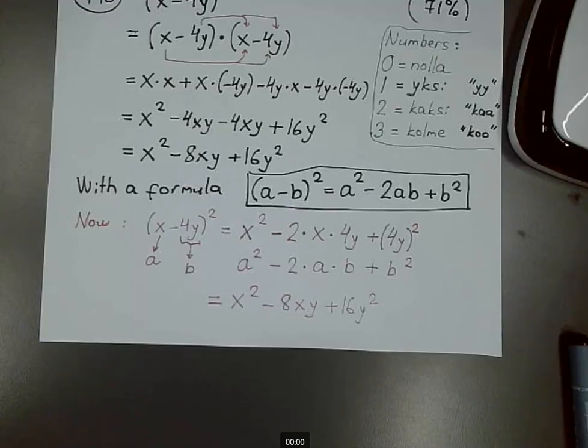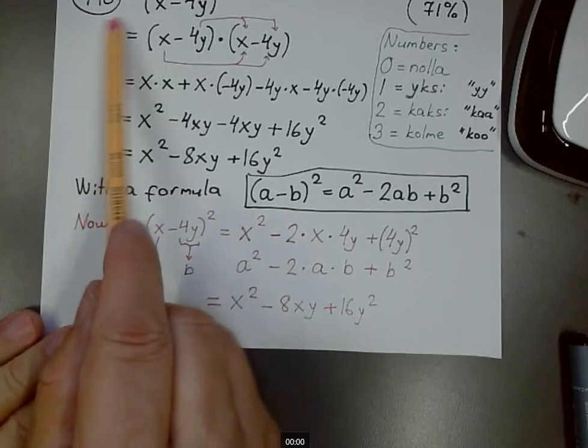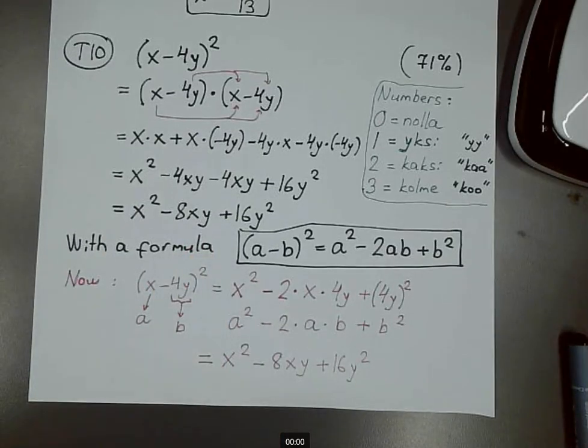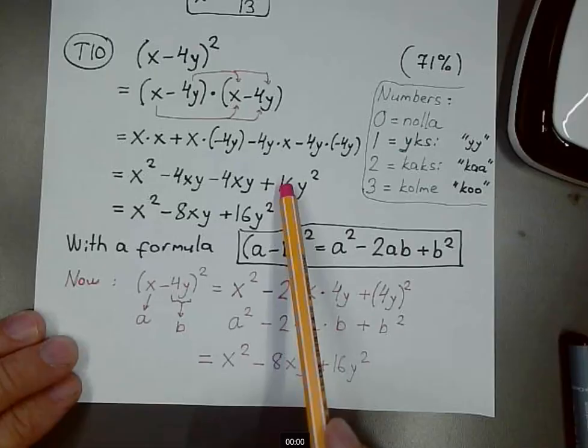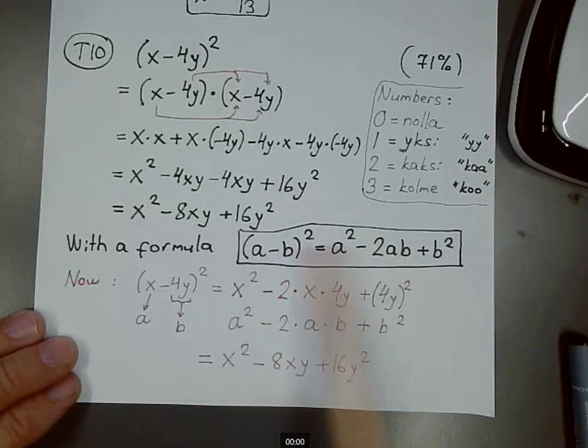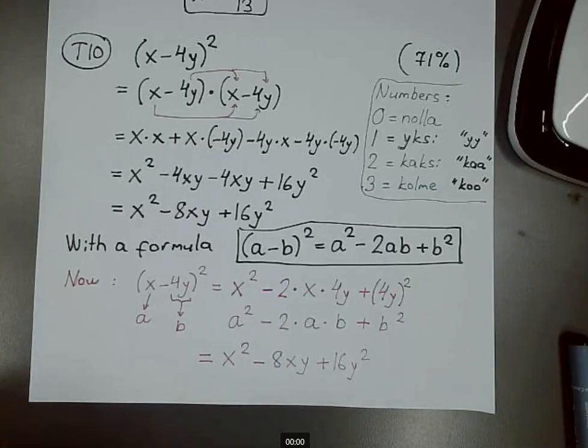So I don't know, maybe this is a little bit shorter way to solve this problem. And if you practice this problem, I suggest that you do it both ways. So you get practice with this way, and you get practice with this formula, and both are good to handle.